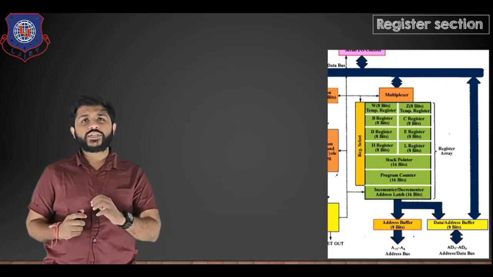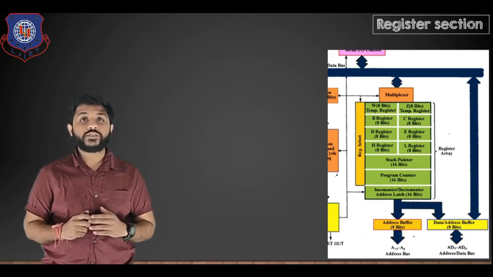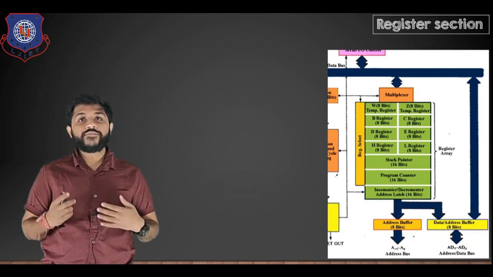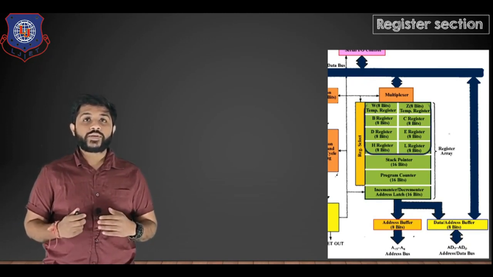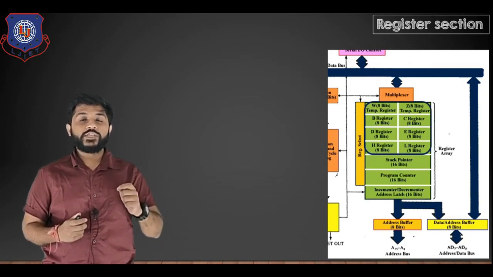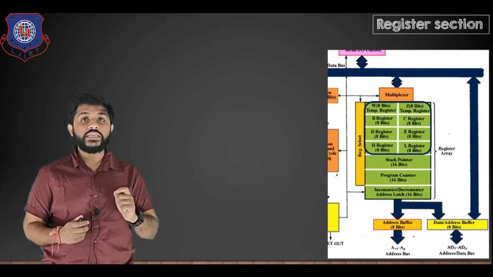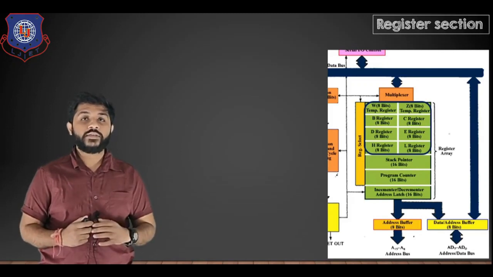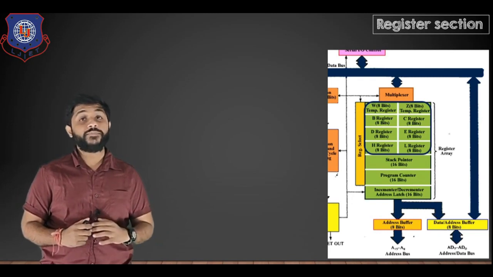The first section of the microprocessor 8085 is the register section. There are different registers present in the microprocessor 8085. You can see that the registers named W, Z, B, C, D, E, H, L are present. Now each register has a size of 8 bits.